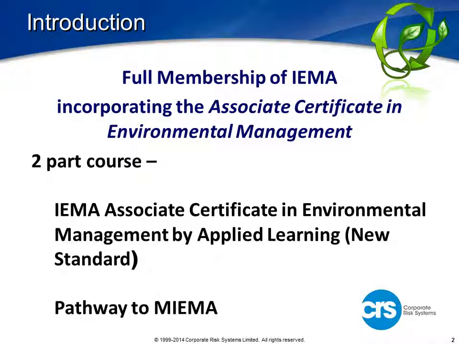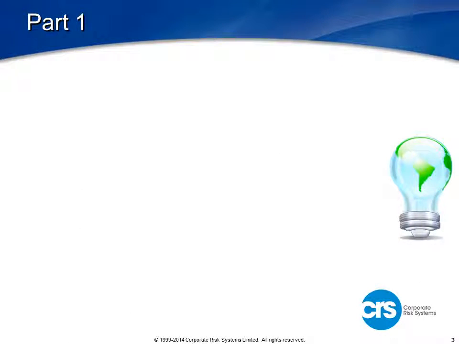In this first section we will look at part one of the course, the Associate Certificate in Environmental Management by Applied Learning. In 2006, Corporate Risk Systems developed a unique approach to the IEMA Associate Certificate.